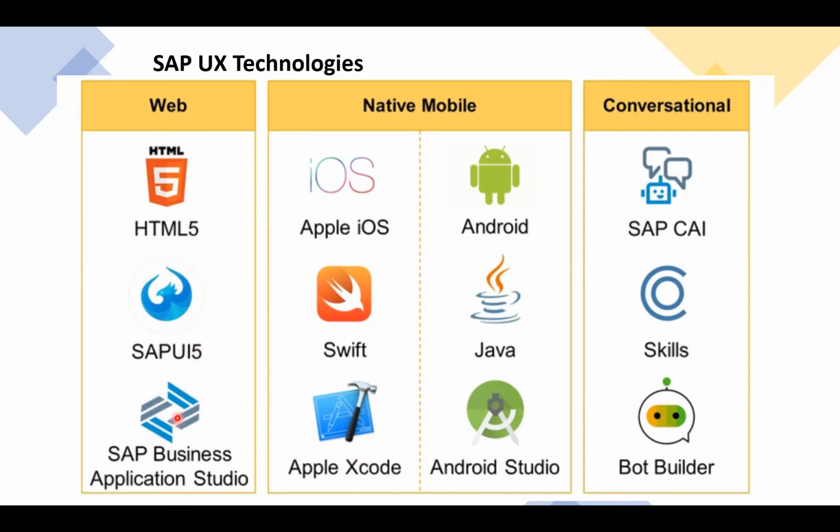There was no technology to build a better UI in SAP itself, and SAP infrastructure was also not supporting it. But these days, the way SAP is evolving according to other open source technologies is really appreciable and really great. If you see here, for web we are saying HTML5. We will not be learning HTML5; we are just knowing what kind of technology SAP UI5 is using.